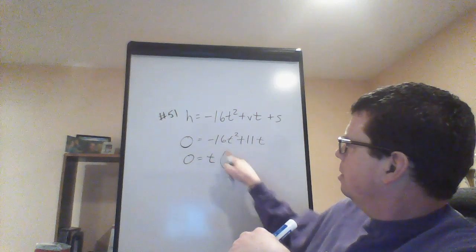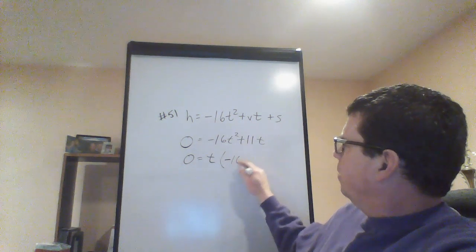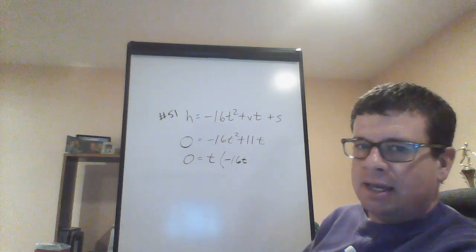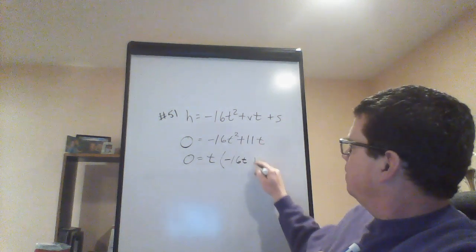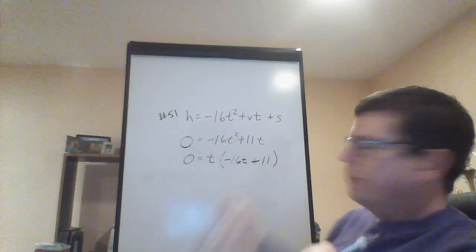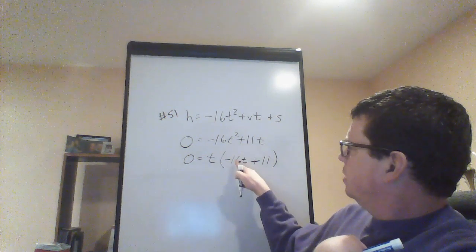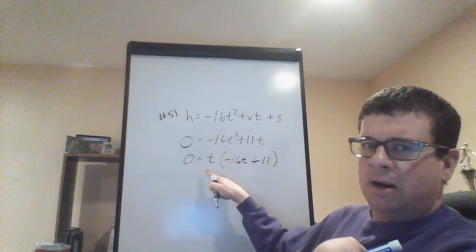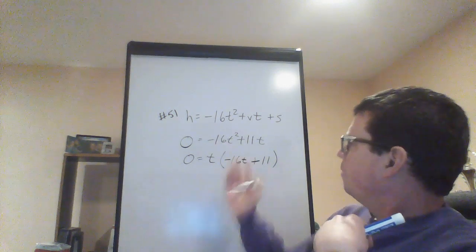So t times what would give me negative 16t squared? Well, that would be negative 16t. And t times what would give me 11t? That would be 11. Distribute it back through: t times negative 16 is negative 16t squared, and t times 11 is 11t. So I've got it factored.